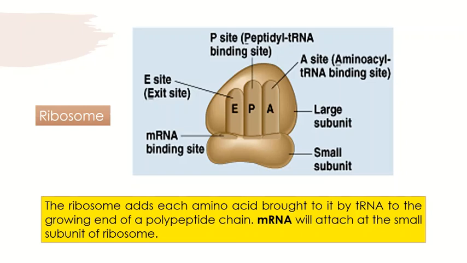At the large subunit of the ribosome, we have three sites: the E site or exit site, the P site or peptidyl tRNA binding site, and the A site or aminoacyl tRNA binding site. And at the small subunit, we have the mRNA binding site.